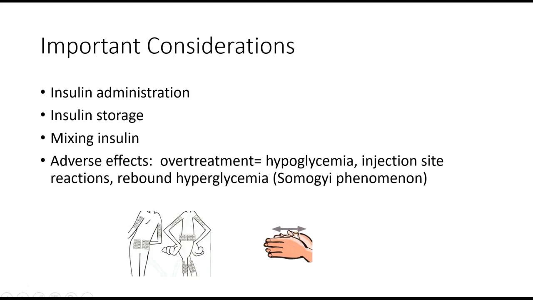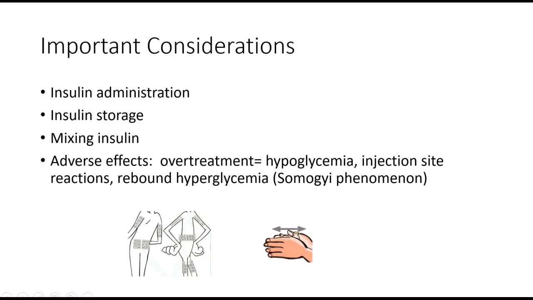You might see some people experience symptoms at a higher level, and you might have some patients who don't show signs of hypoglycemia until their blood sugars are extremely low, like the 30s or the 40s. So there's some variation there, but you always want to check their blood sugar if they're demonstrating signs of hypoglycemia.